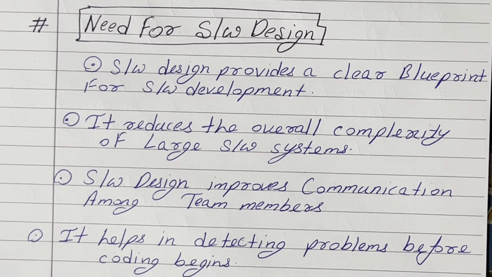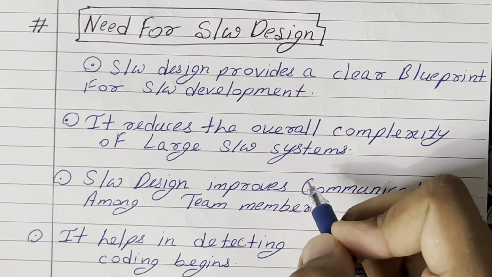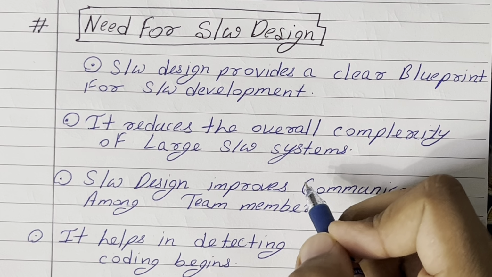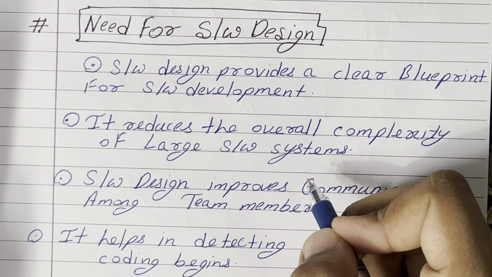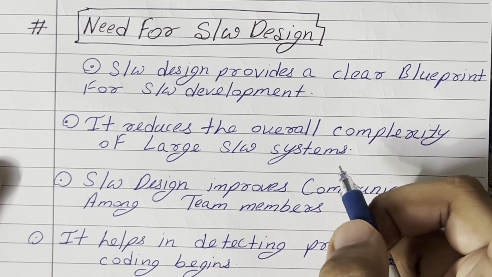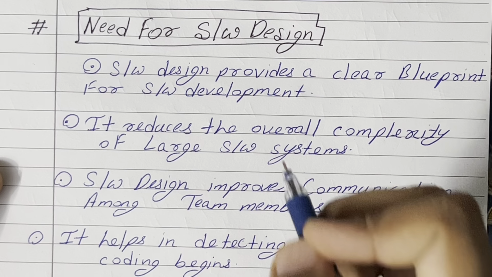This blueprint describes the structure of the software, the responsibilities of different modules, the relationship among components, and the flow of information throughout the system. Because developers follow a predefined design, software development becomes more systematic, organized, and less prone to errors.